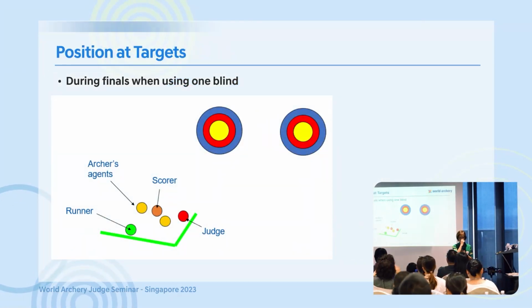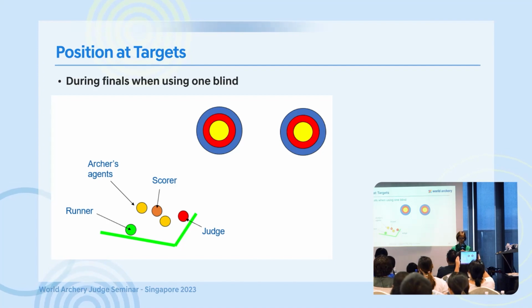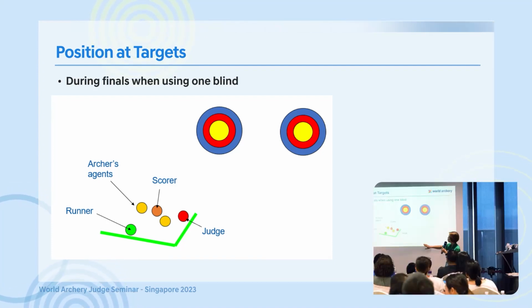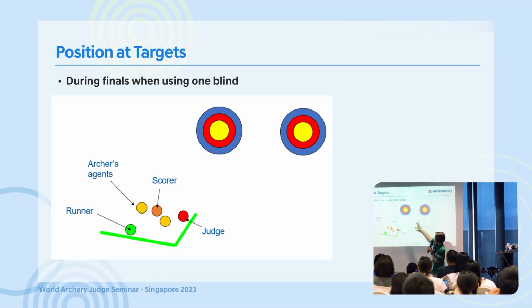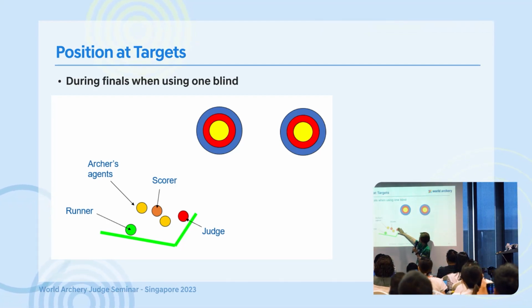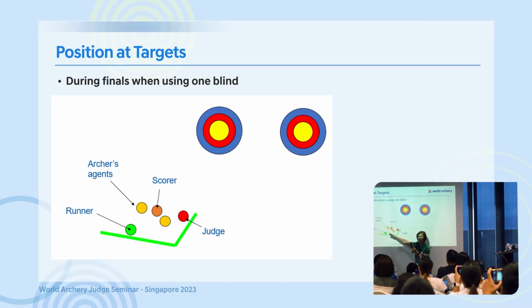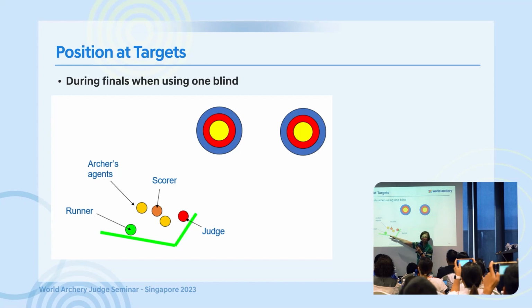And here is the positioning at the targets or the blinds during finals. They're looking at the targets, and you have the target judge, scorer, the archers' agents, and then if there is space, a runner back here.